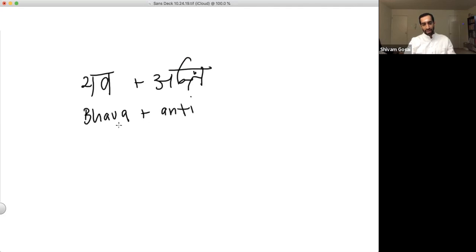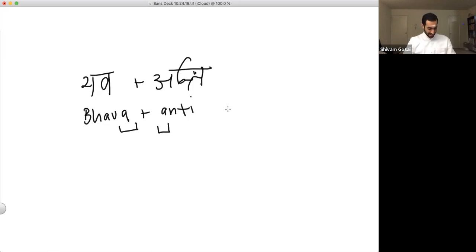Now notice how I have an akara meeting an akara. Generally what happens here is that a plus a is a long a. In Sanskrit, when you have 2 vowels that are the same, they become long. So usually the final form would be bhavaanti.